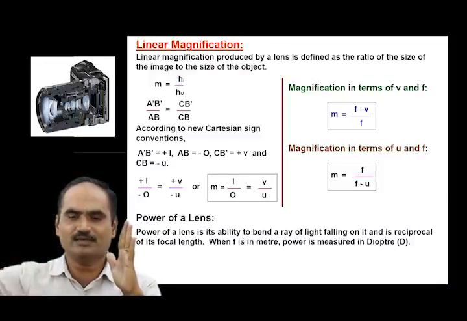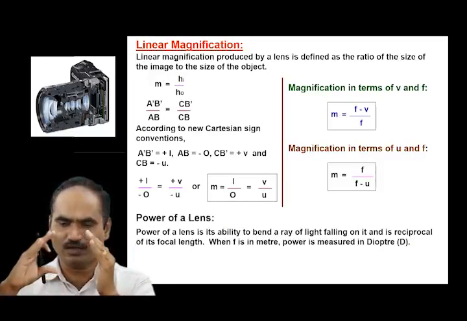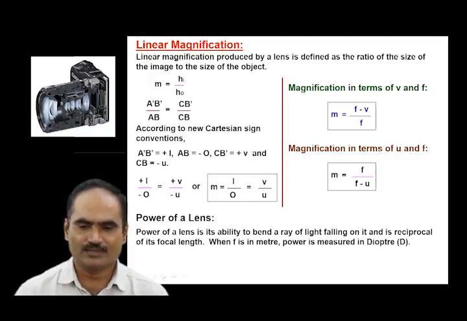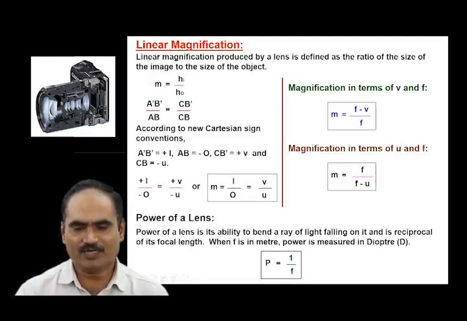How strongly they are diverged or converged will be taken into account, and it will be defined in another manner, but before that we'll take this definition. The power of a lens can be written as P is equal to 1 by F.